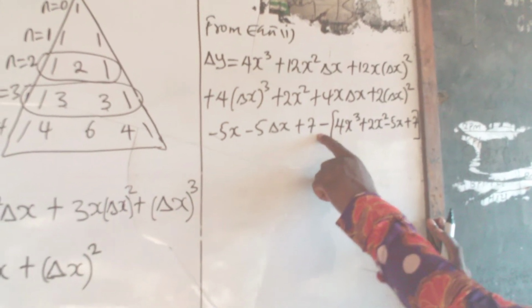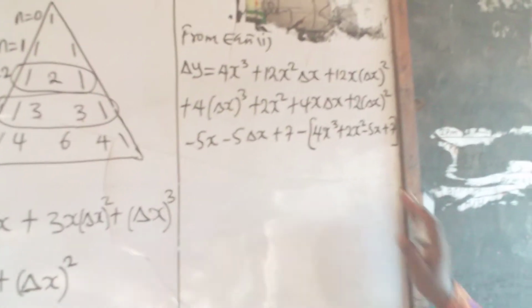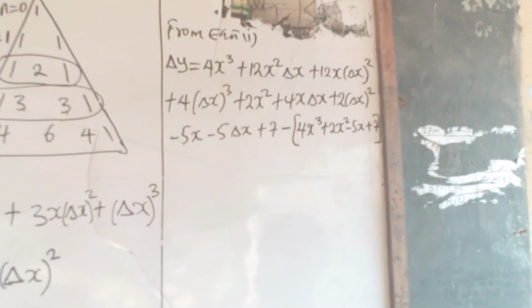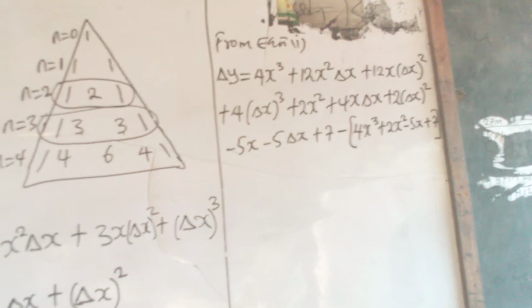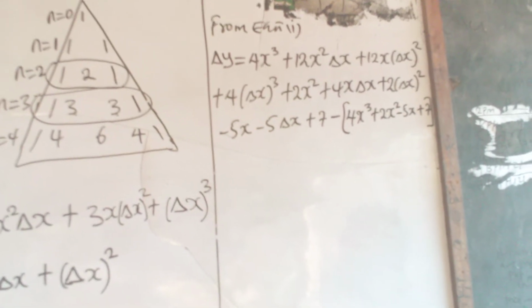Whenever minus is moving inside any bracket, that minus will change all the signs there. So if you have plus, the minus will change it to minus. If you have minus, the minus will change into what? Plus.